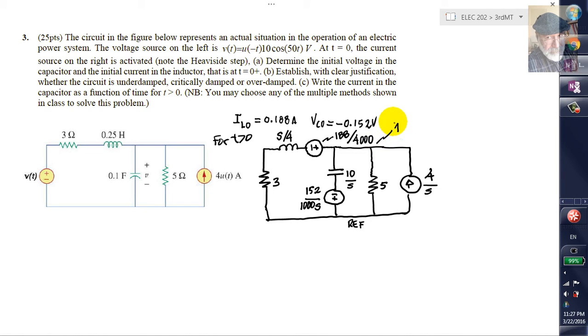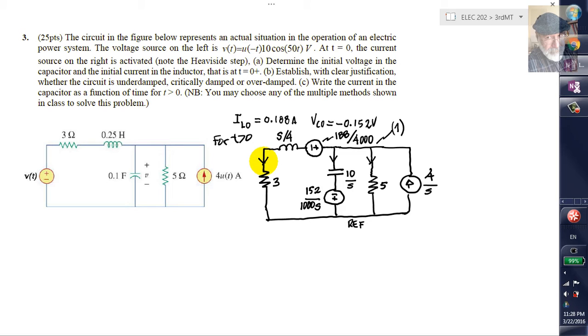Choose your node 1. And then select the branch currents and directions, except the one that is given on the far right for the current source, and we will be ready to write our one and only KCL equation for the circuit. Once we write that KCL equation, we can solve for V1, and you know that V1 in this case is in reality the voltage in the capacitor.